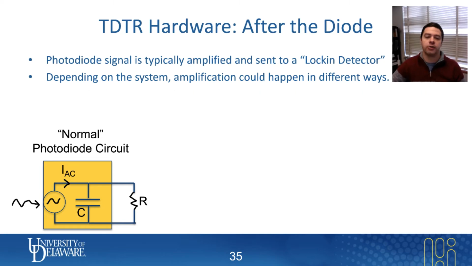In a normal photodiode circuit, which I hadn't shown previously, a pretty effective way of thinking about the circuit that's inside of your photodiode is this: your photodiode is shown inside this yellow box. It's basically an alternating current source, which is the junction that's converting the light that you're sending in to a current, plus some built-in capacitance associated with that junction.